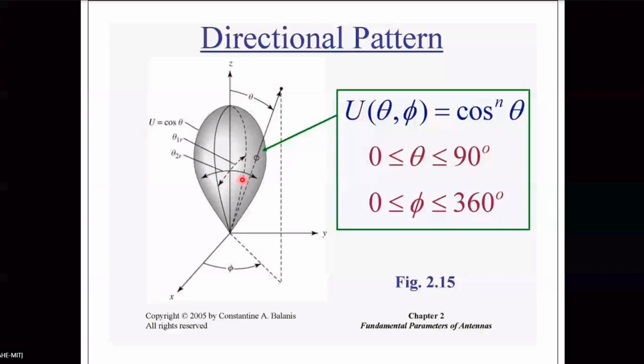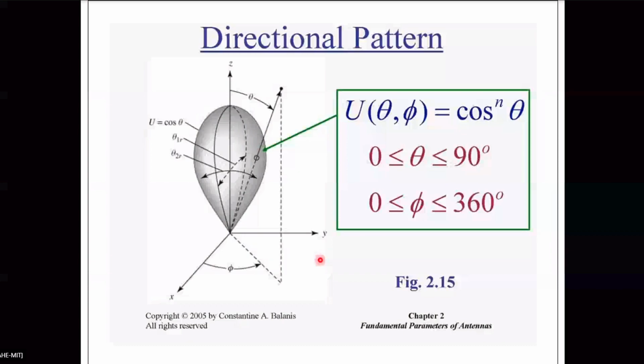So cos to the power of n theta is a rotationally symmetric pattern, so theta 1 r and theta 2 r will be the same. You have to take theta 1 and 2 in orthogonal planes. One plane is this and another plane is this, and both will be equal. Is it clear? Rotationally symmetric pattern.